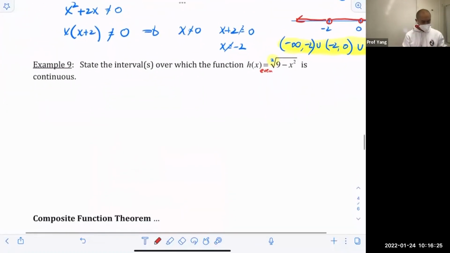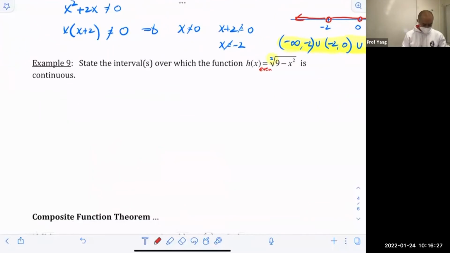So what we really need to figure out is when is 9 minus x squared greater than or equal to 0 if we want to find the domain. Just like we did before, I'm going to factor the left-hand side. You recognize this shape? What is it?